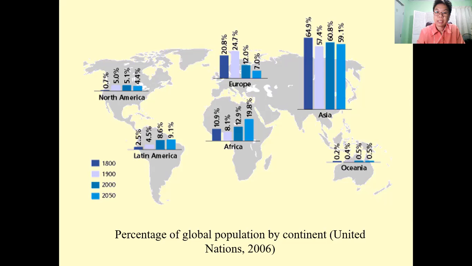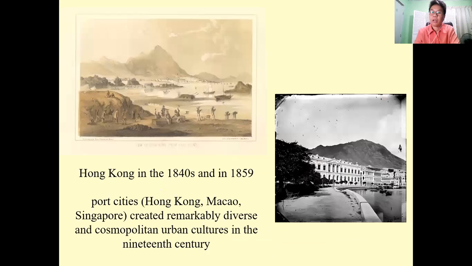In Oceania, there's almost 0.2% or 0.5%, just an estimate in the year 2050 or 2030. So these are the urbanizations or the migrations that are being broadly seen by the United Nations in these major cities or global cities. Now in Hong Kong, this is actually what Hong Kong looks like in the 1800s, in 1859.